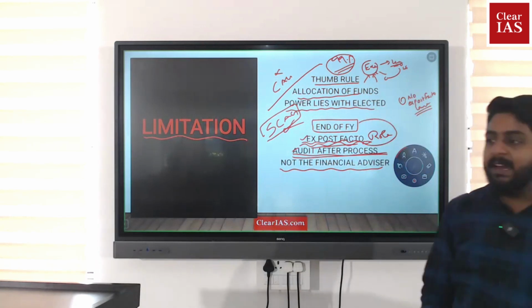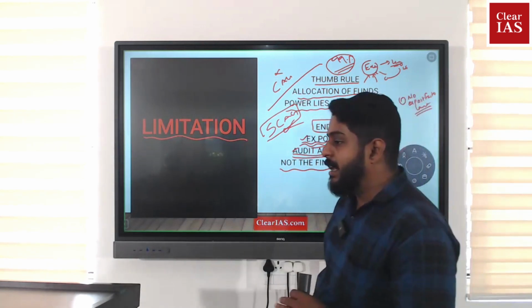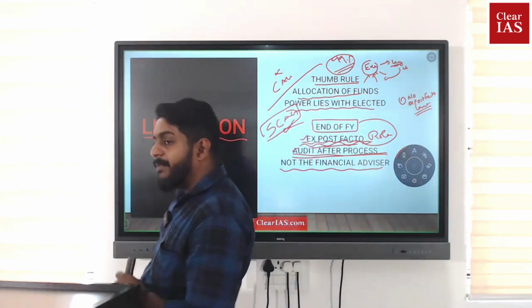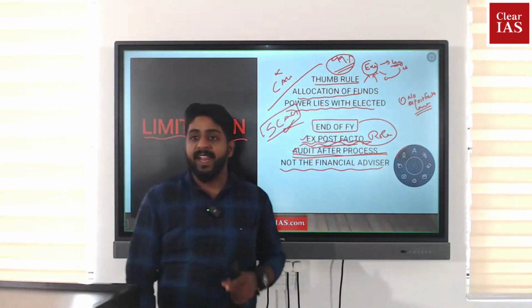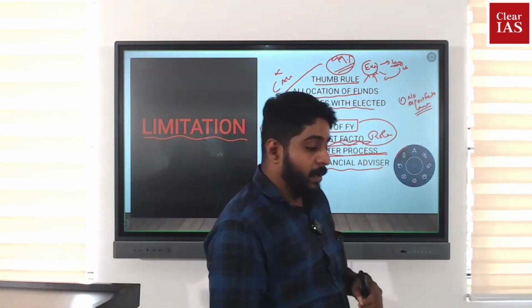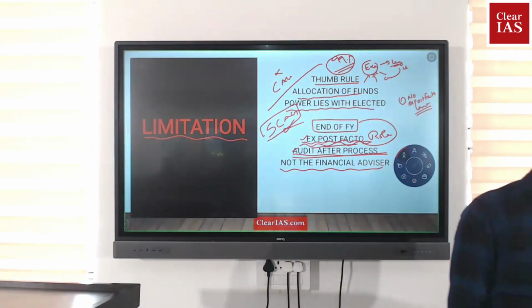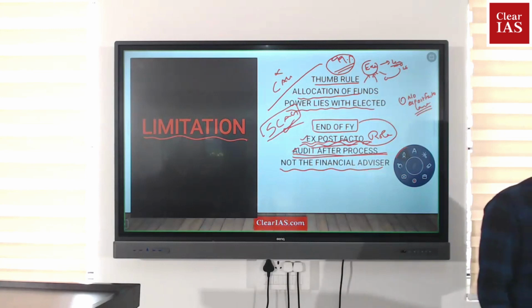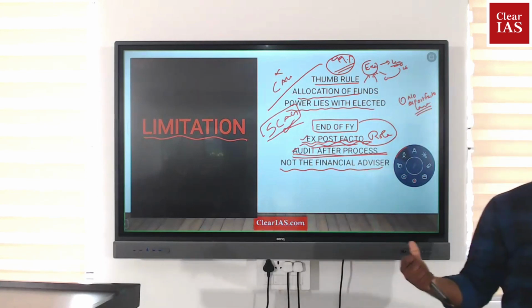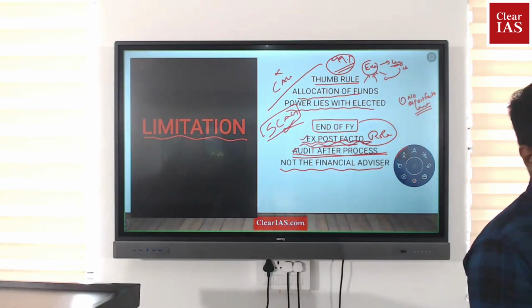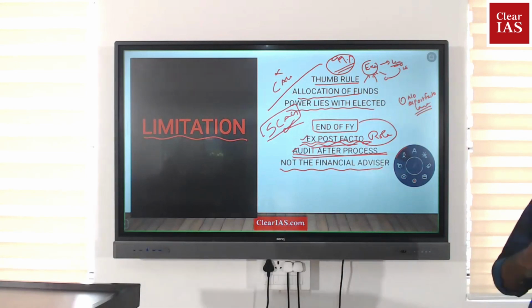Everybody will write that the Comptroller and Auditor General will be auditing the accounts. But you should write that the Lok Sabha, as having the custody of the money, will be made accountable by the Comptroller and Auditor General of India. So this is going to be your purpose.